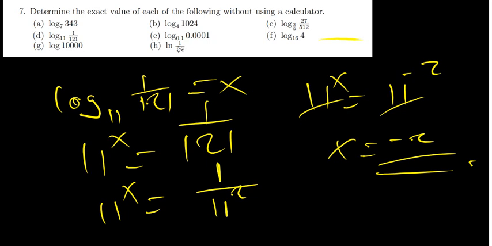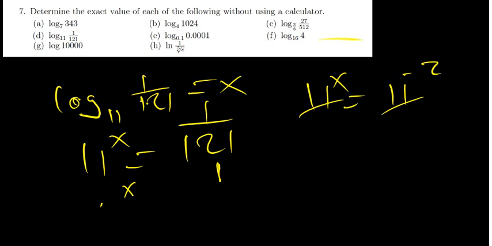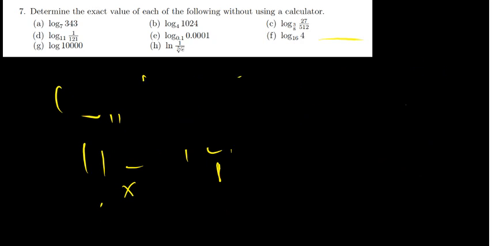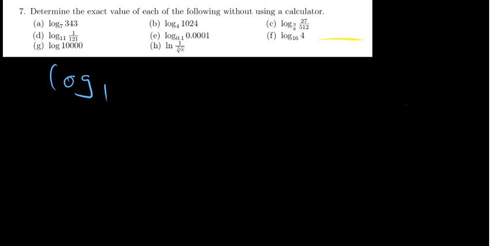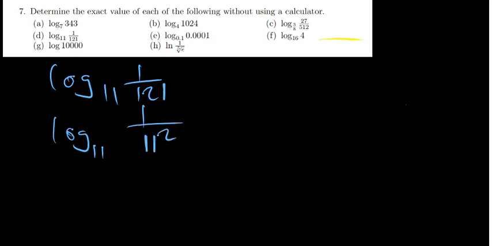But again, I can use the property of log to find the exact value without using a calculator. So there are two methods. You choose which one to use. You end up having the same answer. Now let's use the second one, like the first formula, 1 over 121. So this is going to be log base 11. 121 is the same as 11 to the power 2.